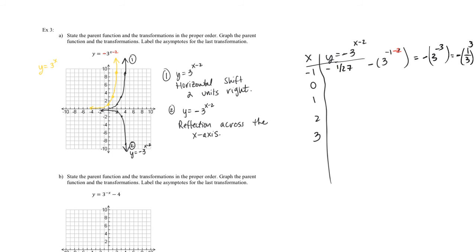And now if we have x at 0, it would usually just be an output of 1. But now it's not just 0, it's minus 2. So we would have the opposite of 3 to the negative 2, so it would be 1/3 to the positive 2. So we'd have negative 1/9 for our y-intercept.